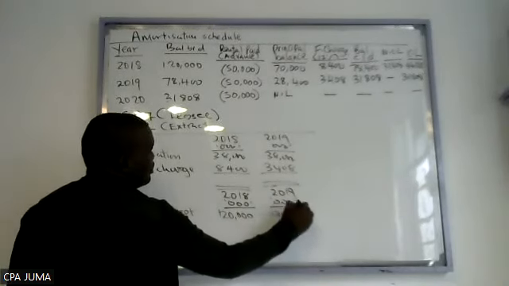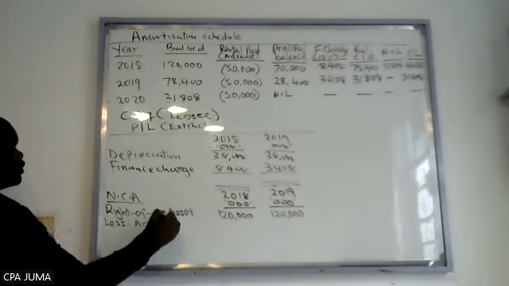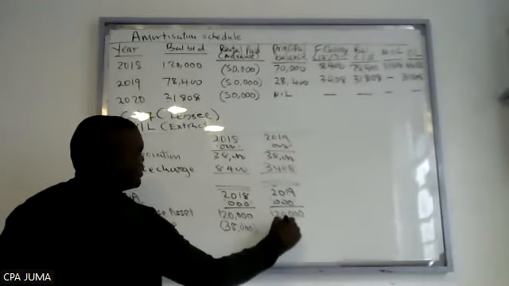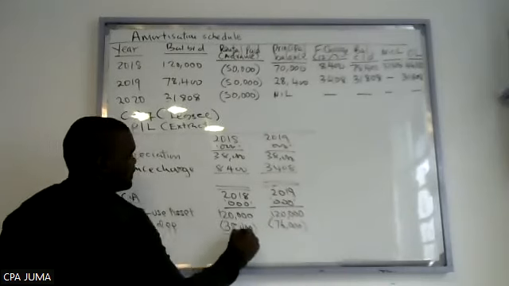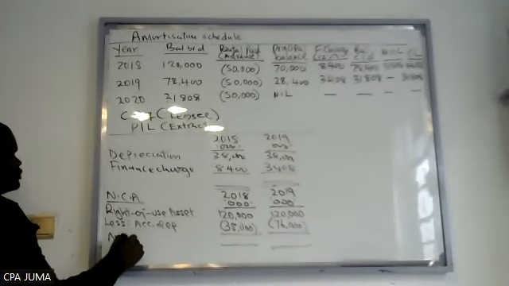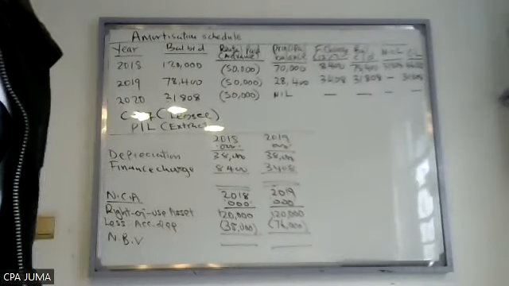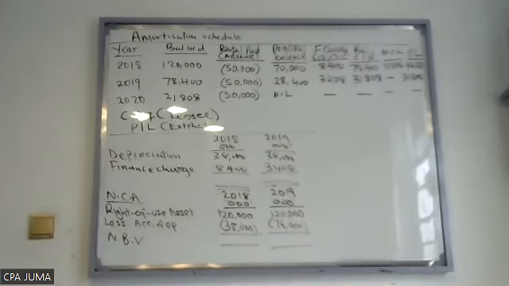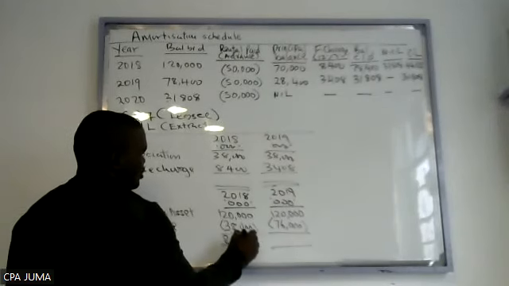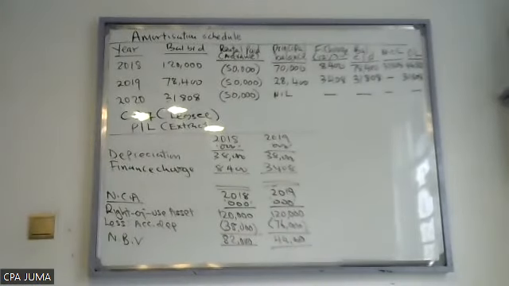Less accumulated depreciation, 38. Accumulated, 76. And get the net book values. So net book value here will be 82, 44. At your own risk, make sure we calculate.